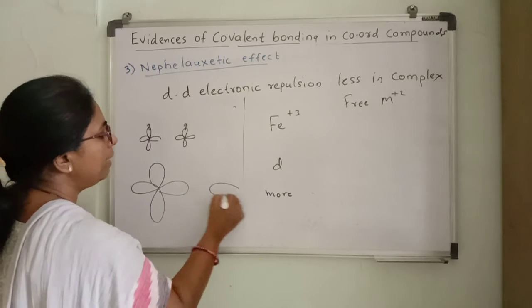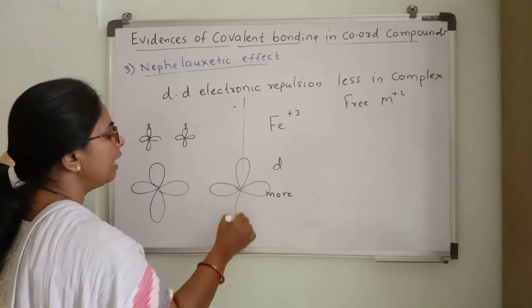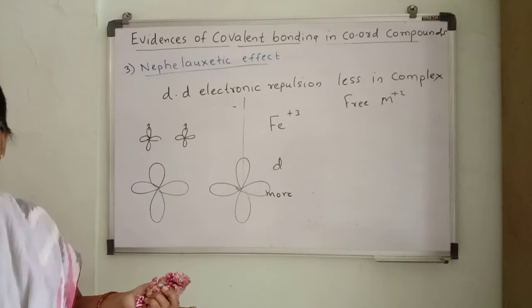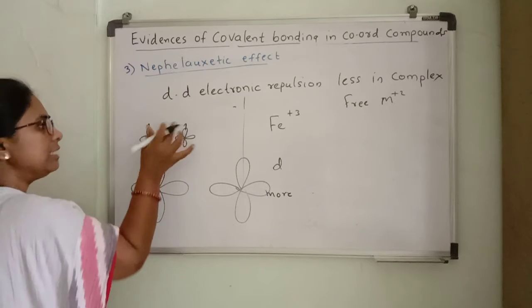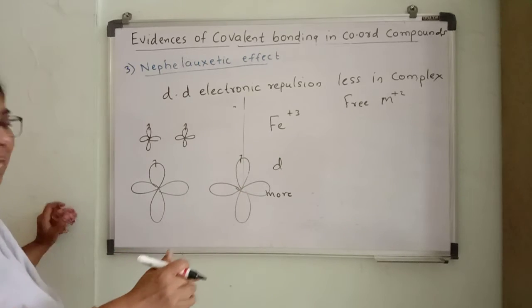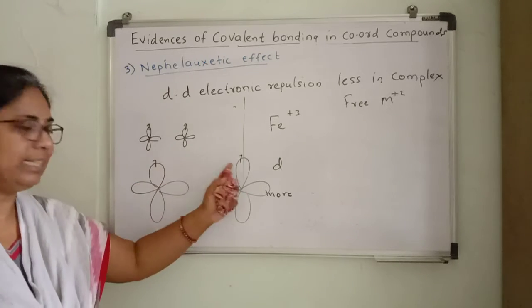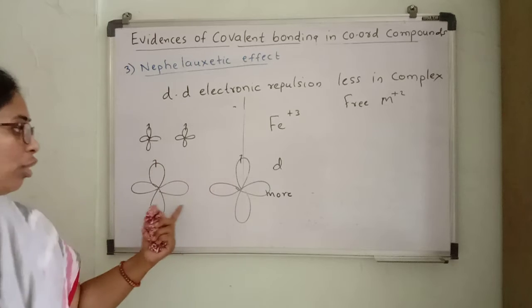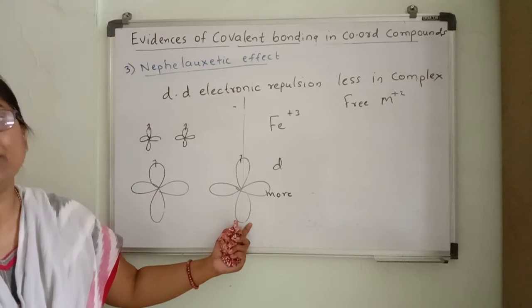Earlier these electrons were quite close, now they are at a distance. Clear? So the distance increases because of the expansion of the d orbital.